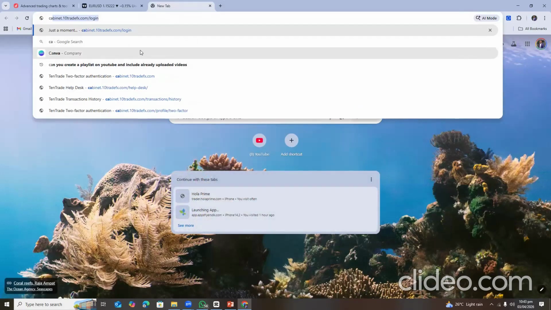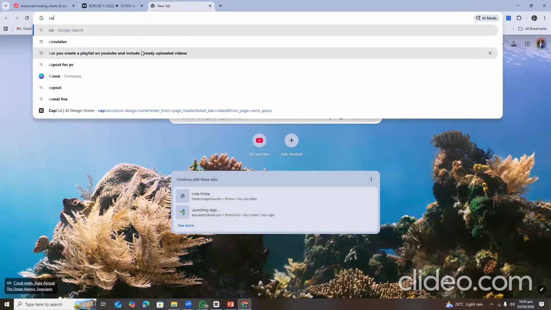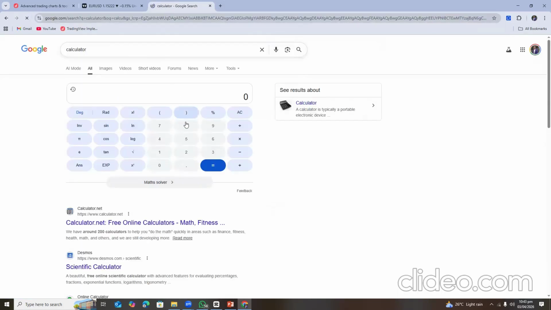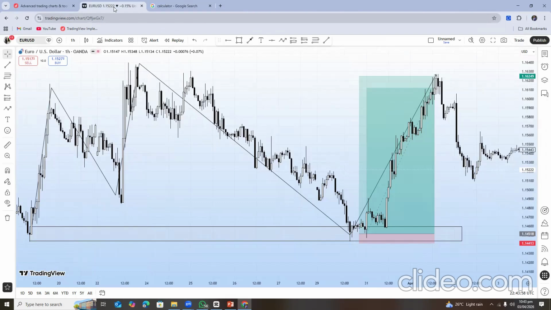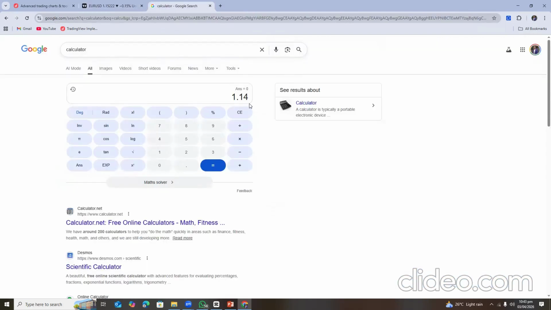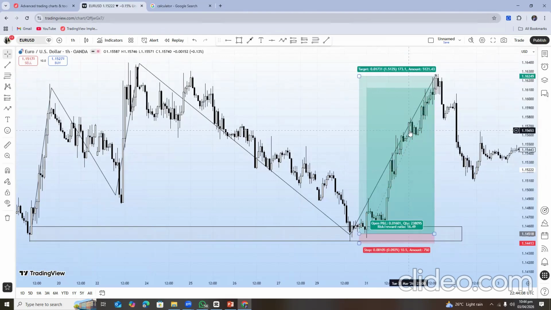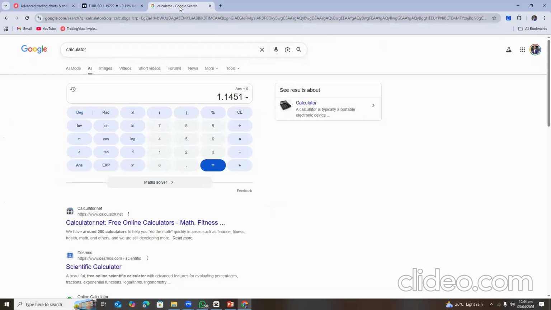I want to do it manually so you see it on the calculator. So now let's do it. 1.1451, and then minus my TP, let's say here, 1.1624.